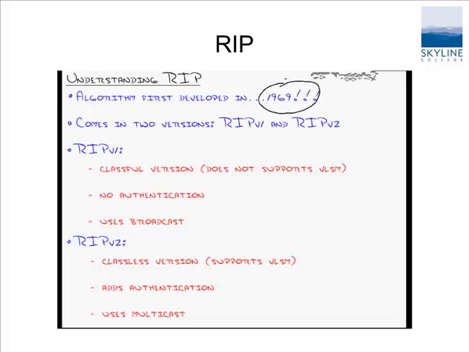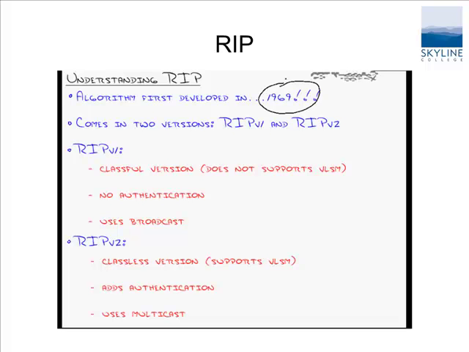Comes in two versions, V1 and V2. RIP V1's classful, no authentication, uses broadcast. RIP V2 is classless, supports variable length subnet masks, so it takes the subnet in the routing protocol packet. Adds authentication and uses multicast.